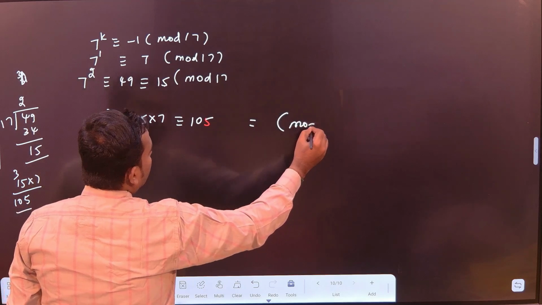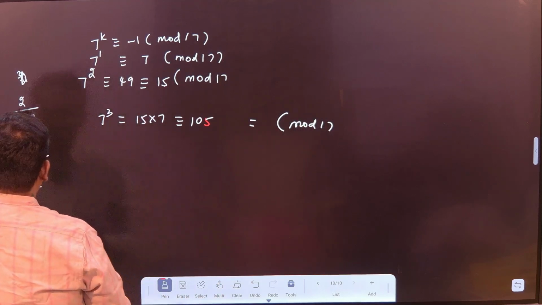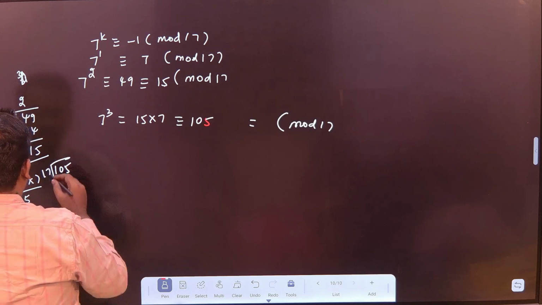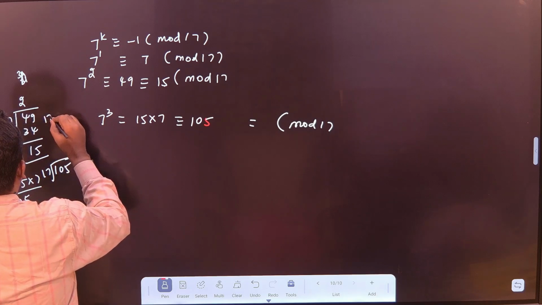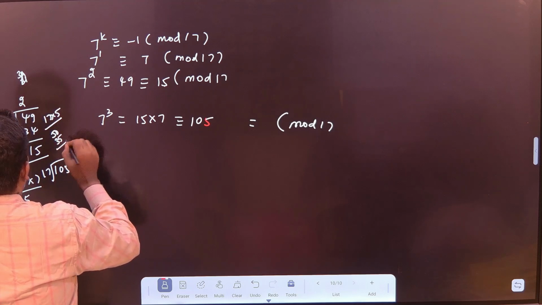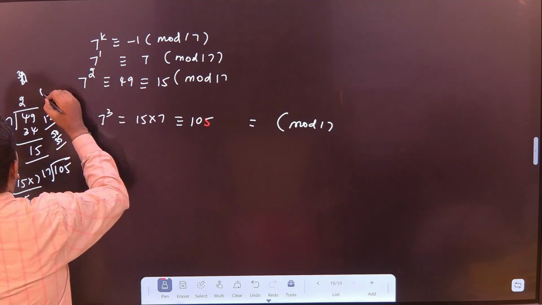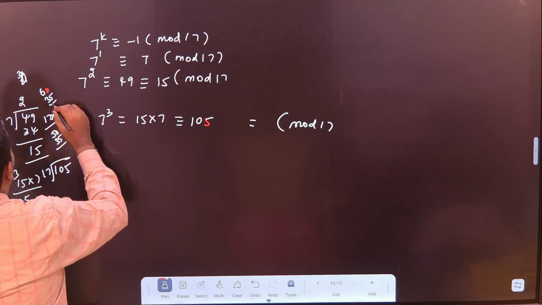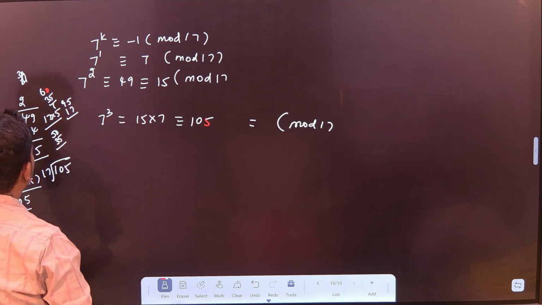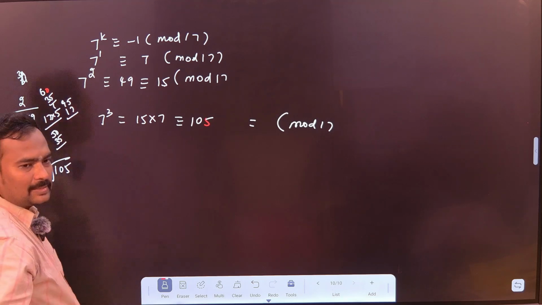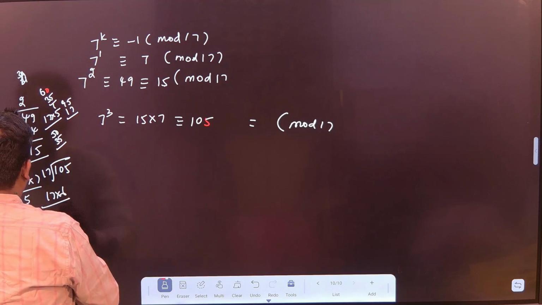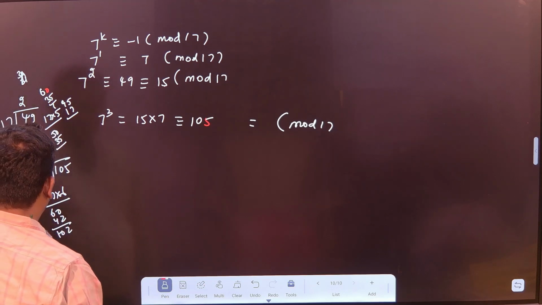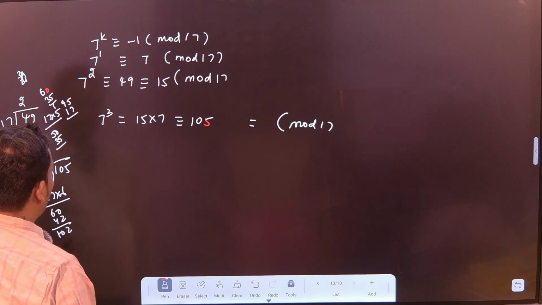So when you divide 105 by 17, what is the remainder? 17 into 5 is 85, 17 into 6 is 102, and 7 times would be more than that, so 6 times will work. 17 into 6 is 102, but here 105 is there. So the remainder here is 3.